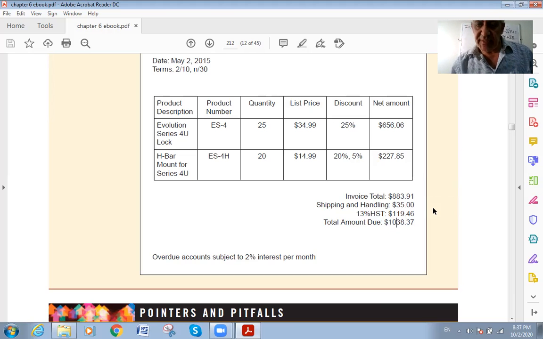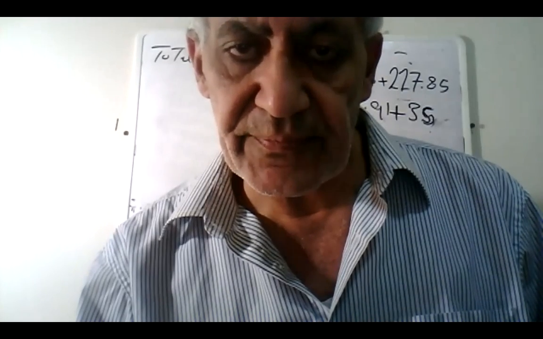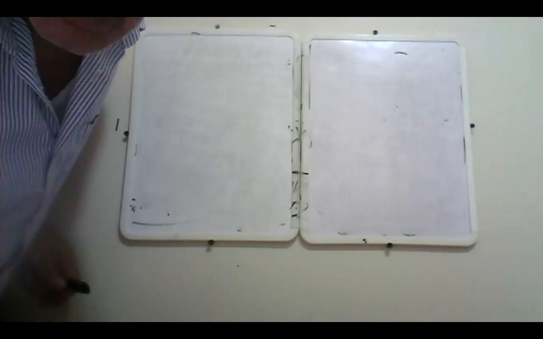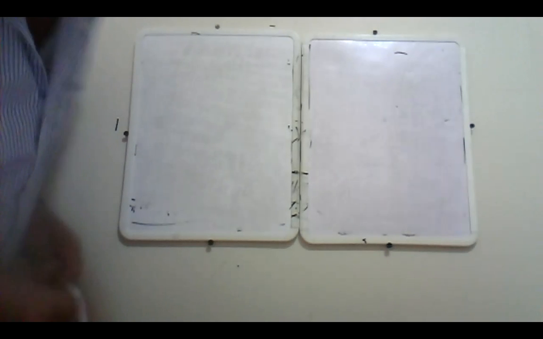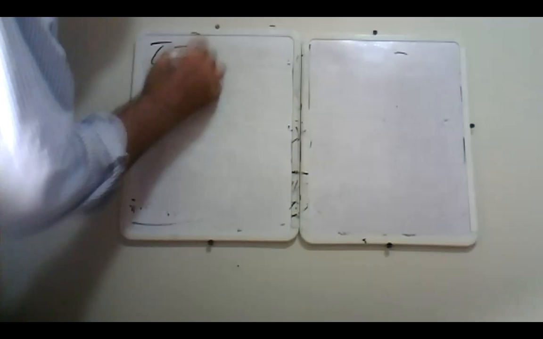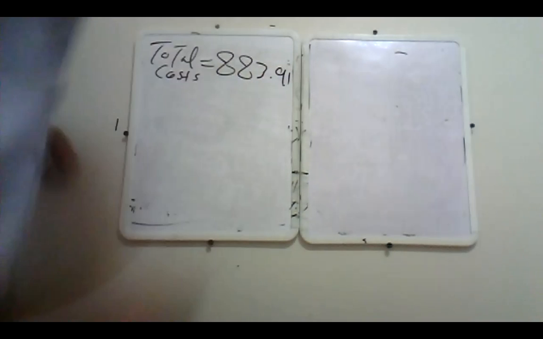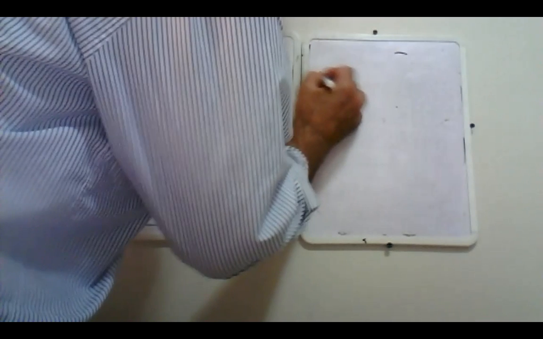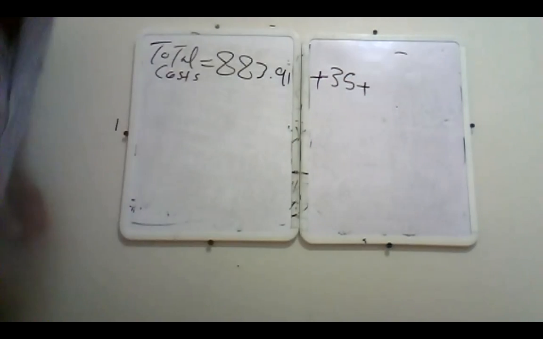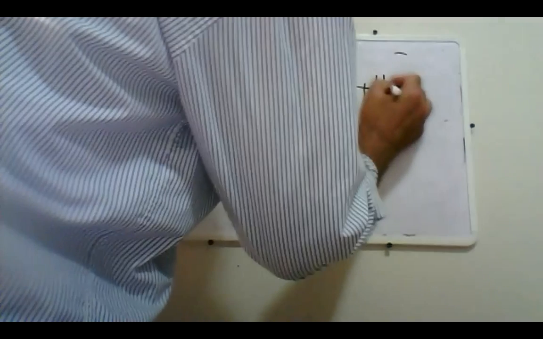So let me stop sharing the screen and show it to you back. Okay, here the total costs, as you see in front of you, will be 883.91 plus $35 plus 119.46, which is the HST.